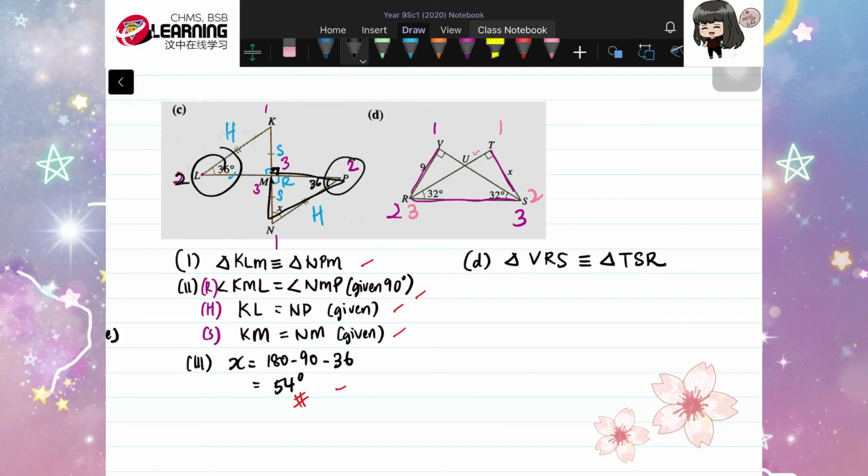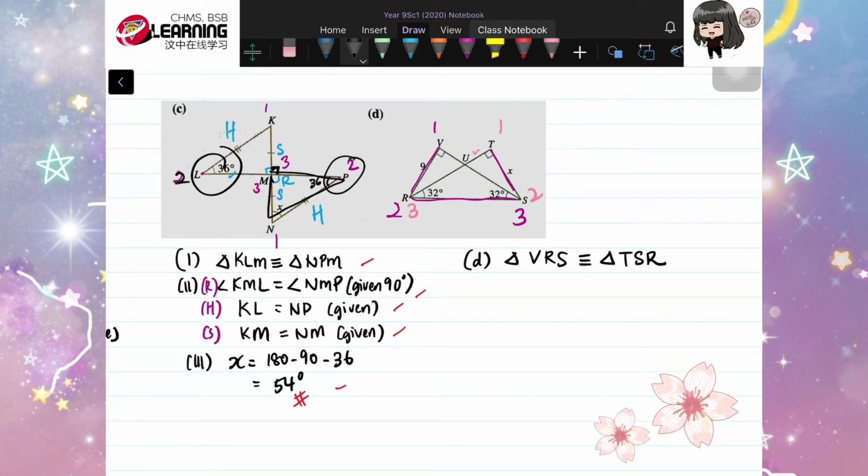Numbering is not necessary, it's up to you. If you can see it by alphabet, go ahead. Numbering is for some of you who find it easier to see. So let's see if they are congruent with any reason. Here we have a right angle, but we are not given any hypotenuse, so this one is considered as angle.